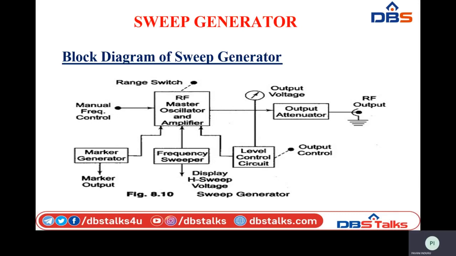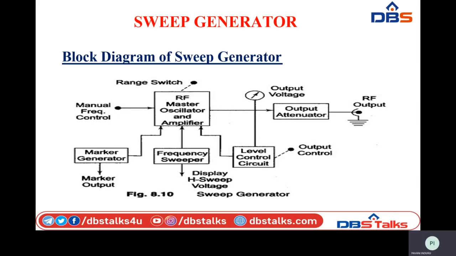Here, frequency modulation can be used for generating different types of sinusoidal signals of varying frequency. Modulation can be established with the help of a mechanical method or an electronic method.